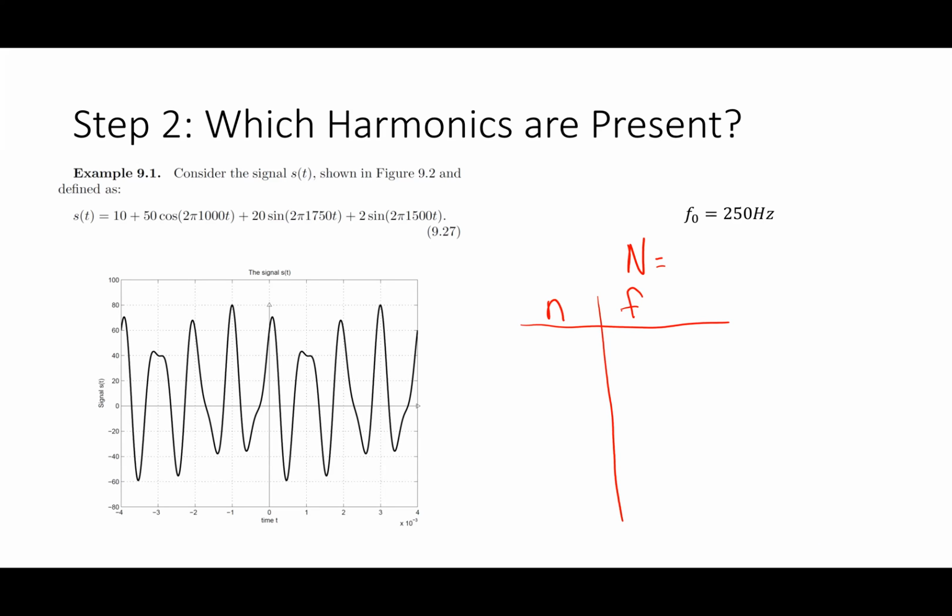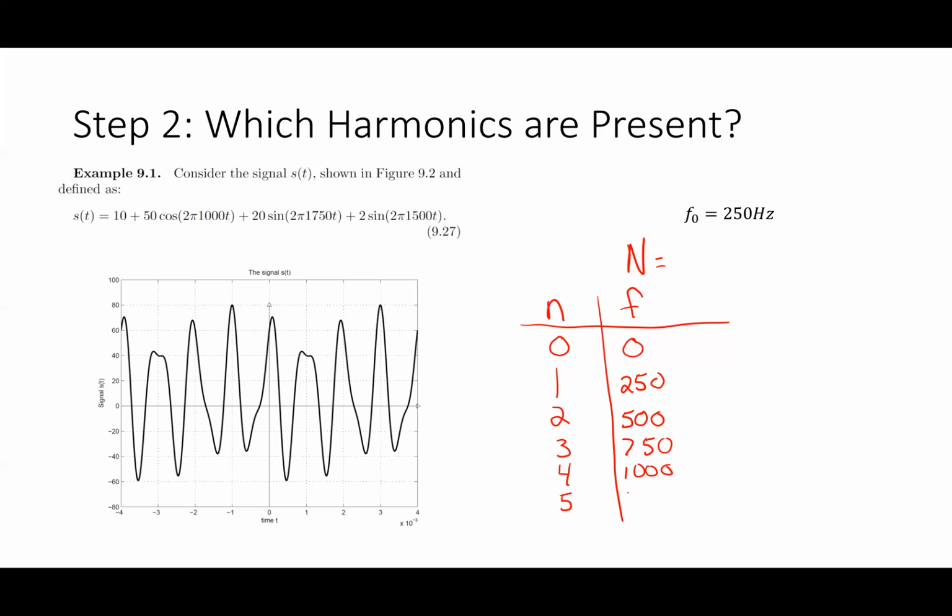So let's do this. N equal to 0, what frequency is that? 0. N equal to 1, what frequency is that? 250. All right, now this gets easy. For N equal to 2, what's the second harmonic frequency? 500. Okay. And then for 3, it would be 750. And then for 4, it would be 1,000. Okay.